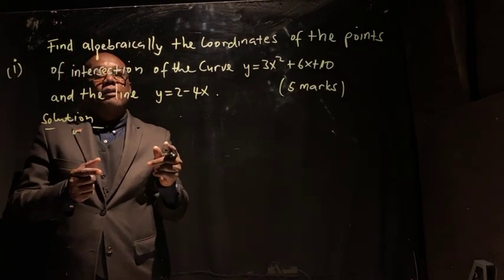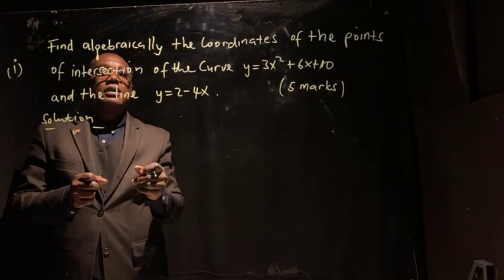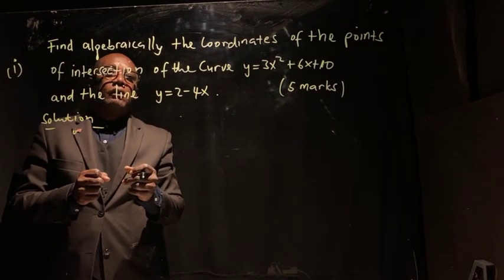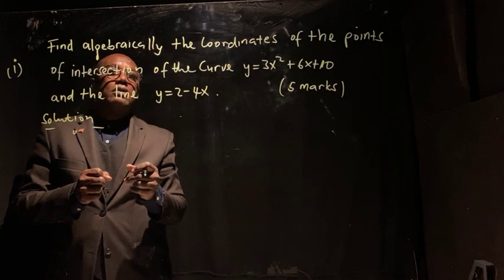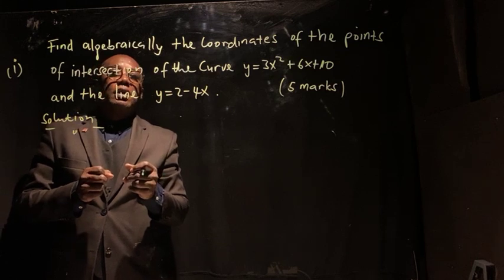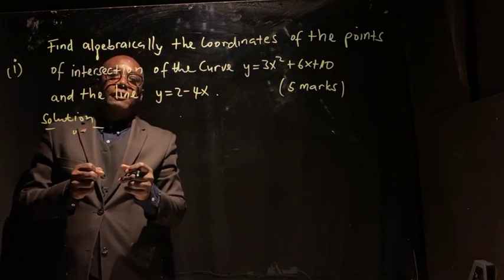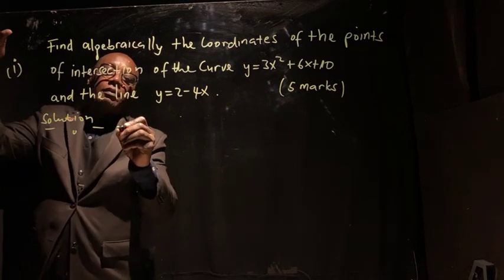Both the curve and the line will intersect if and only if their y values are the same at the point of intersection. Let me write it down.